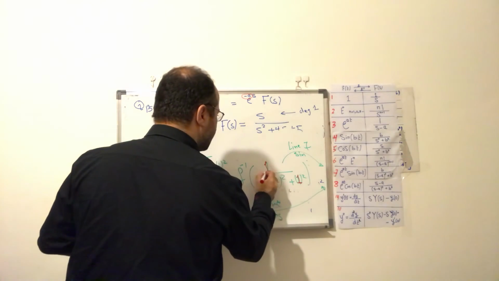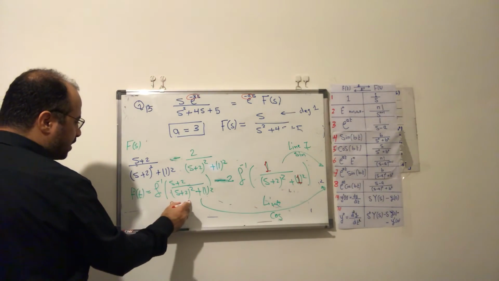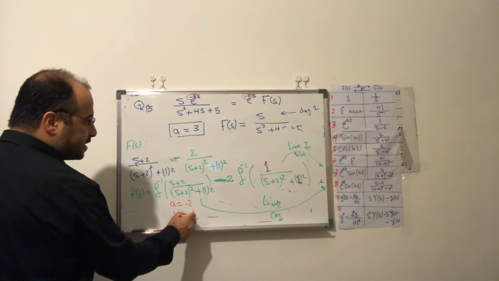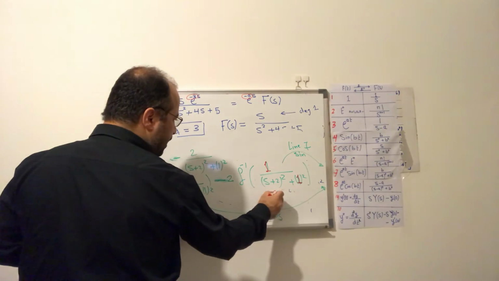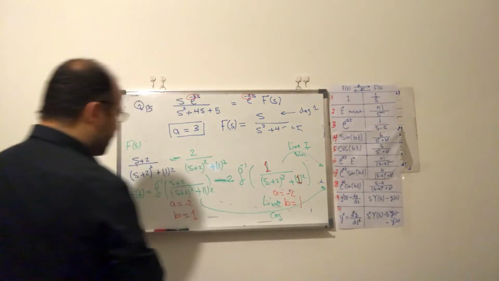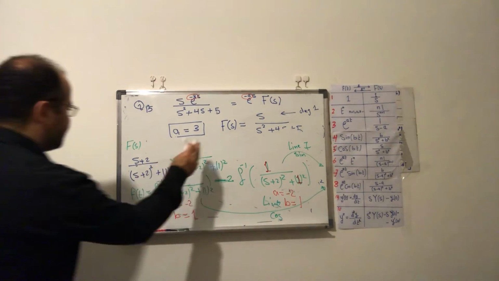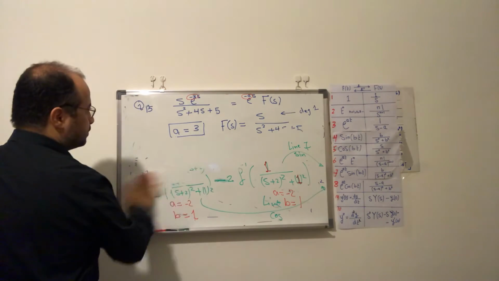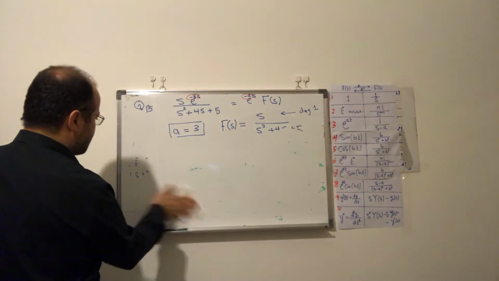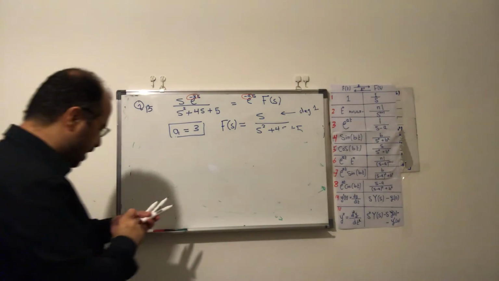Now if you compare here, a will be minus 2, and b here is 1. Same a and b: a here is minus 2, and b here is 1, okay? Now finally, I got the following.